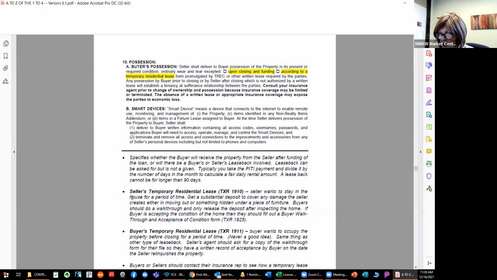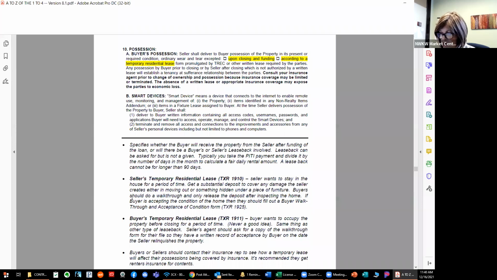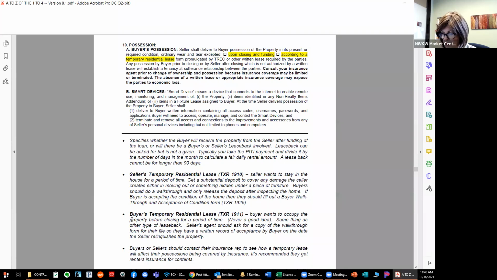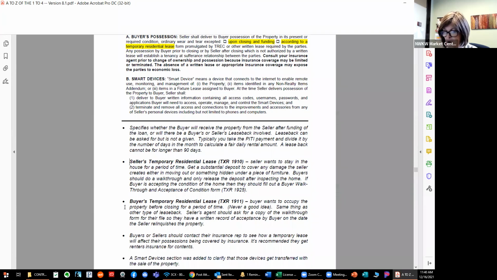Seller's temporary residential lease, it goes into a little description of that, or a buyer's temporary residential lease when they want to occupy the property before closing, which is not a good idea. The seller's temporary residential lease is when the seller needs to stay in there for a time period past closing.